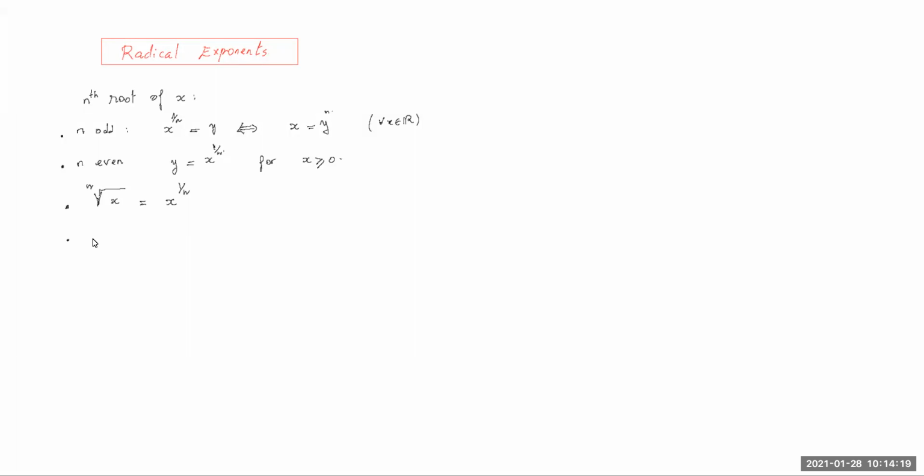Now we extend this notation for x to a fractional power, and we can use the notation x^(m/n). How we deduce it is we define the nth root of x, depending on the situation, and take it to the power m.